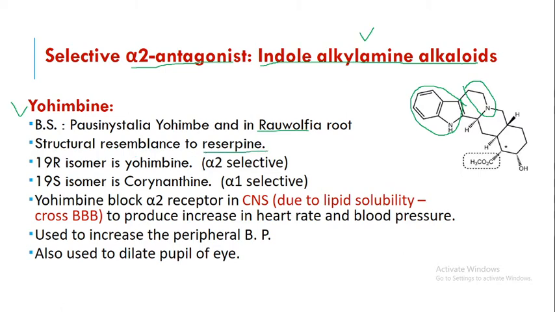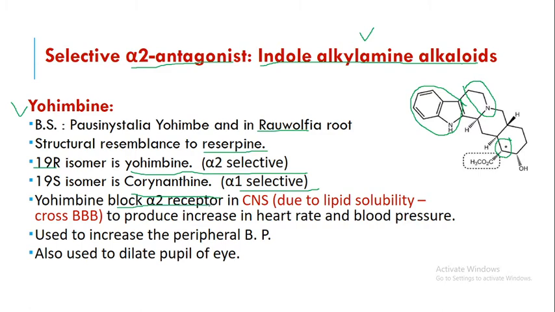It has a structural resemblance to reserpine. Basically two isomers are there because of one chiral center. The 19R isomer is called yohimbine, which is an alpha 2 selective blocker, and the 19S isomer is called corynanthine, which has alpha 1 selective activity.